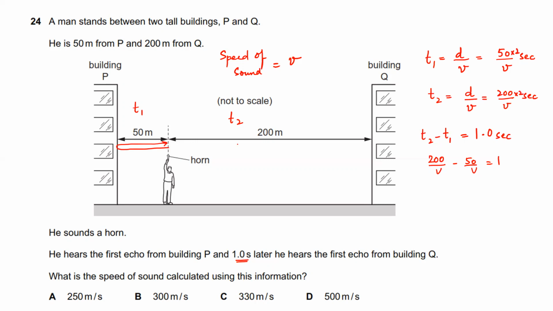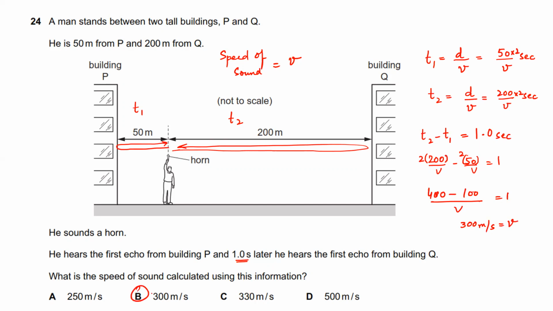Again, the distance traveled is this plus the distance traveled back. So 200 multiplied by 2, this multiplied by 2. So this is 400 minus 100 divided by V equals 1. So 300 meters per second is equal to V. So answer B is the right choice.